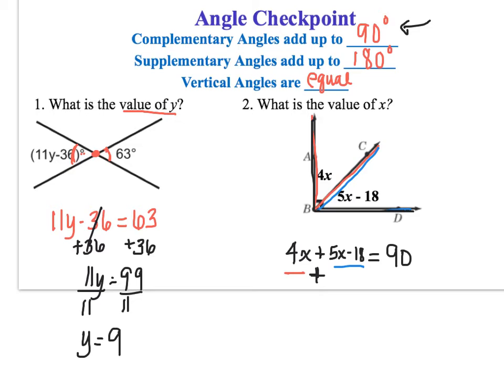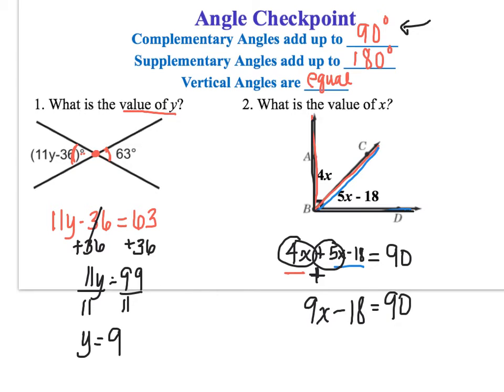So now I see that I can combine like terms and make this a simpler equation. My like terms here are 4x and positive 5x. So 4 plus 5 is 9. I'm left with 9x minus 18 equals 90.